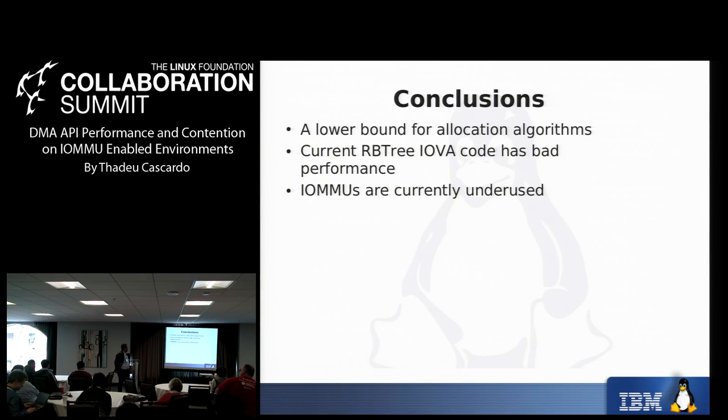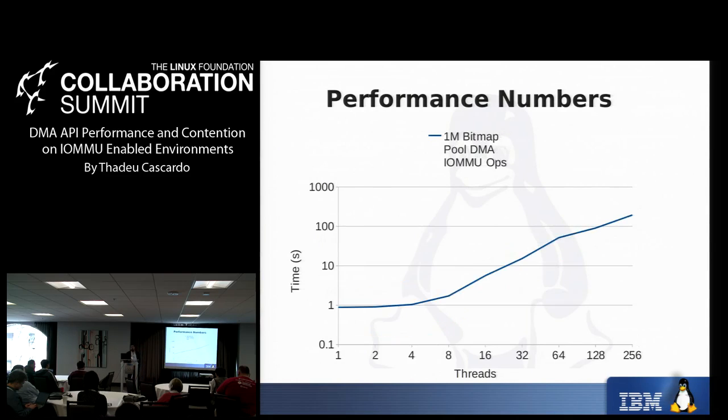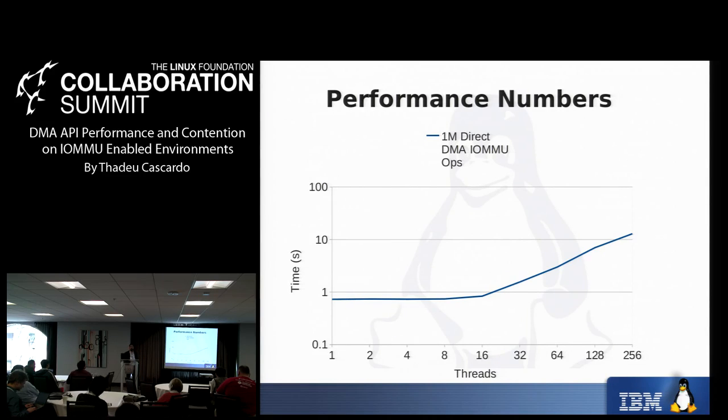Some of the conclusions: we have a lower bound for the allocation algorithms, which is when we just do the IOMMU work. So that's a lower bound. If we ever have an algorithm that performs just like this one, it means that we did our job right.